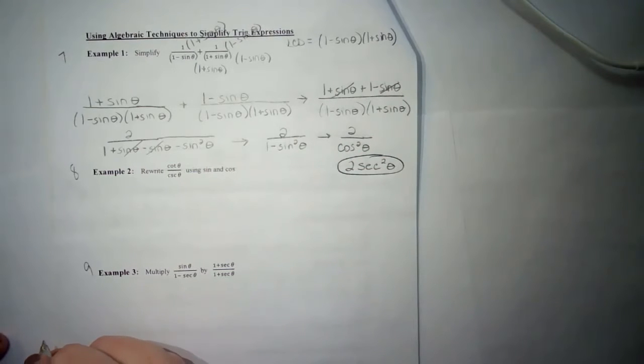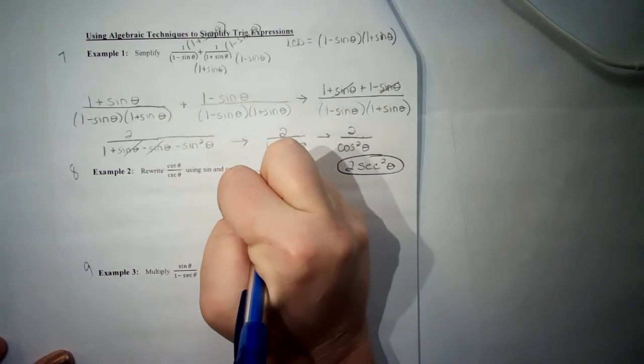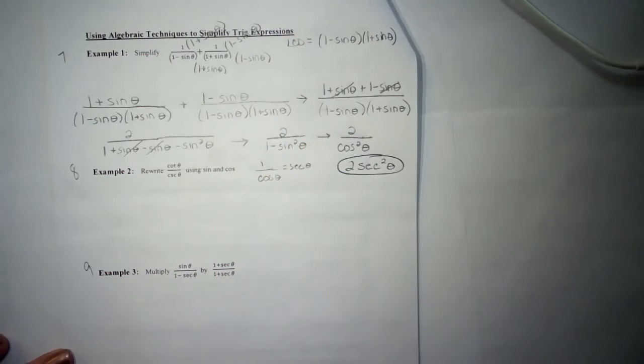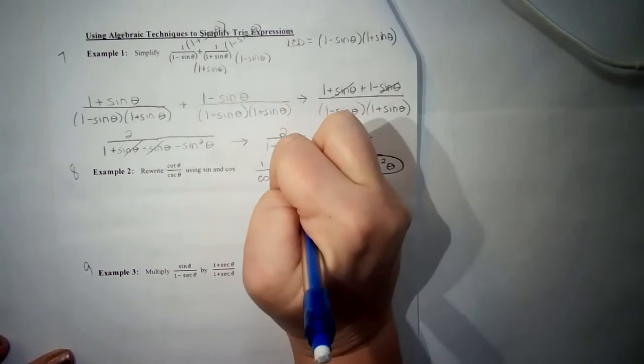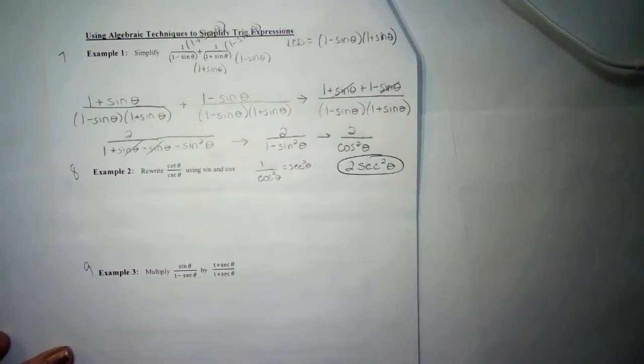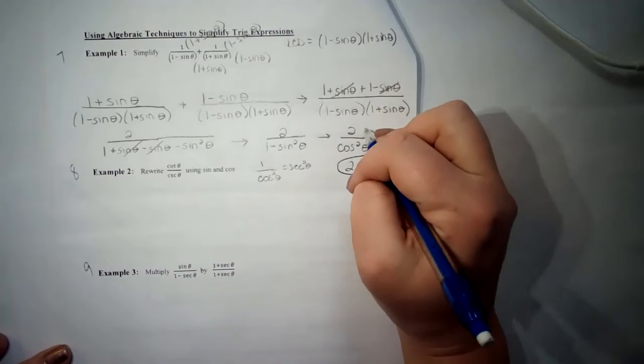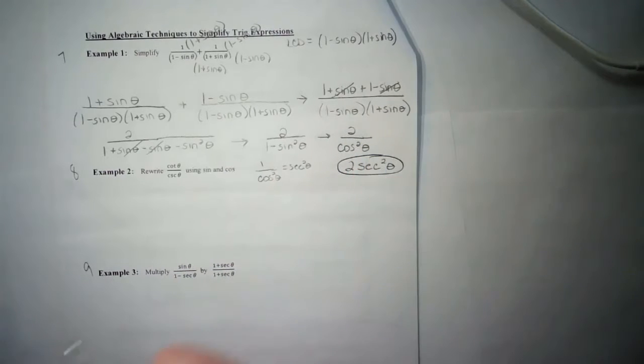And that's my answer. Why? Because 1 over cosine is secant. So 1 over 2 of those cosines is 2 secants, right? And all I did was substitute this in, and then I have 2 times that.